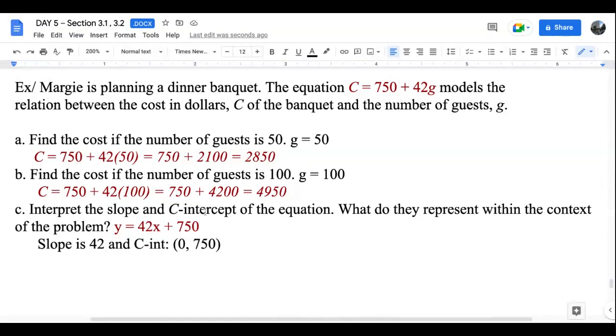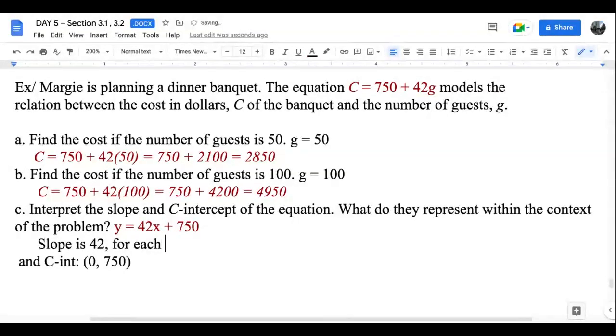C, interpret the slope and intercept of the equation. What do they represent within the context of the problem? You could think of it as y equals 42x plus 750. The slope is 42. It represents that each guest costs her $42.